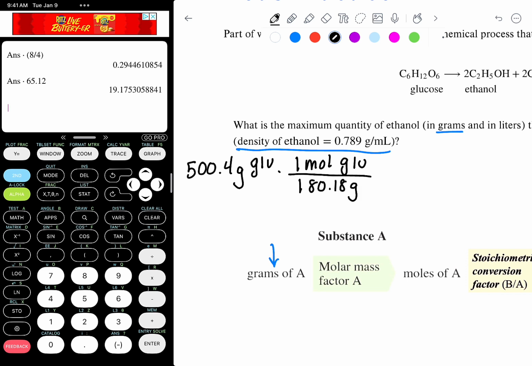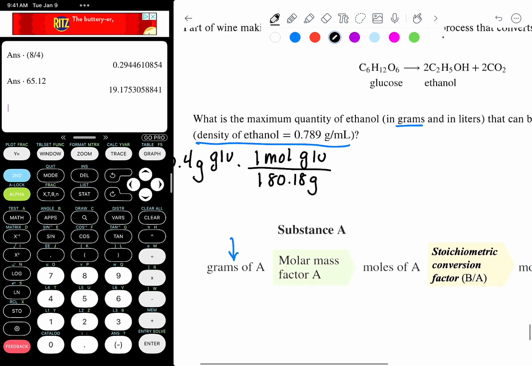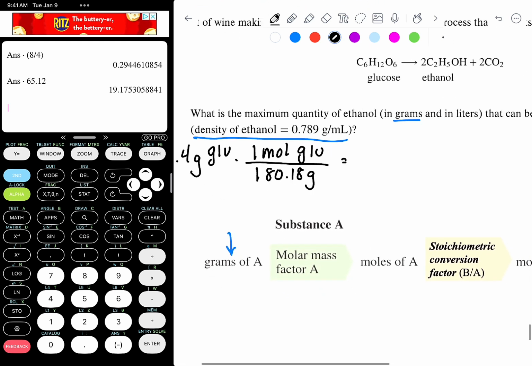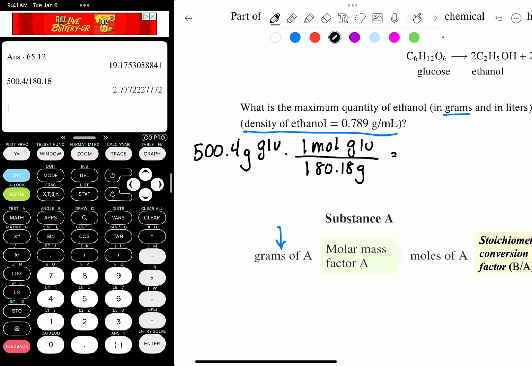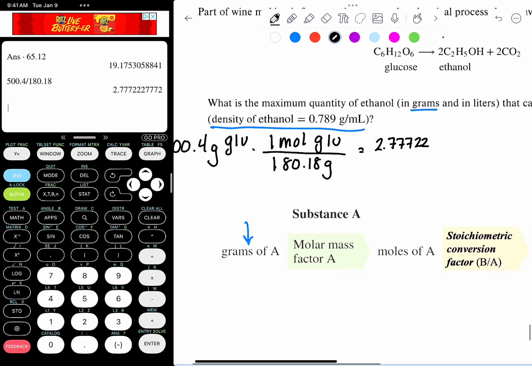Add up all those carbons, hydrogens, and oxygens. That's going to get us our moles of glucose. So that is 500.4 divided by 180.18. And you get 2.77722. So that's moles of glucose.